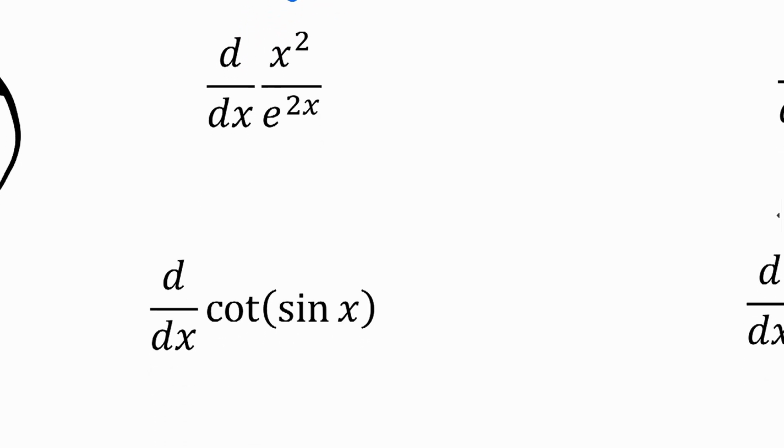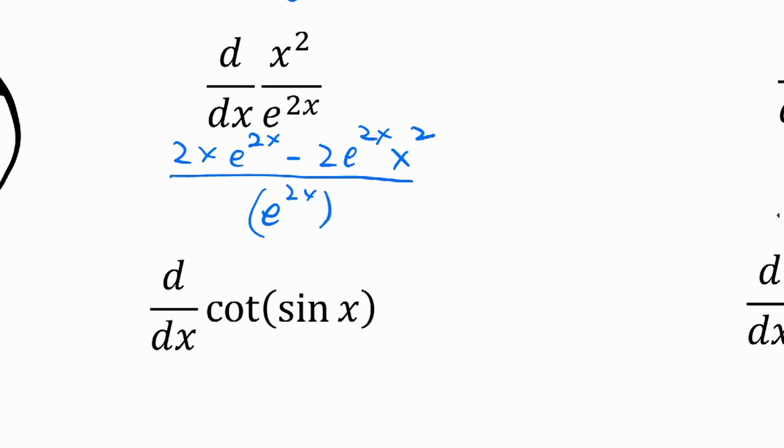Okay, so derivative of the top is going to be 2x. Just tag on that e to the 2x. Minus derivative of the bottom. Derivative of e to the 2x is 2e to the 2x using the chain rule. Just tag on that x squared, all over e to the 2x squared, which is just e to the 4x by the rules of exponents. There you have it.